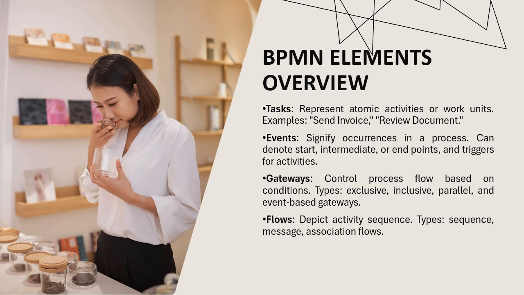Gateways are pivotal in controlling process flow based on conditions and come in various types, including exclusive, inclusive, parallel, and event-based gateways. Finally, flows depict the sequence of activities within a process and include different types like sequence, message, and association flows. Together, these elements form the building blocks for creating comprehensive BPMN diagrams.